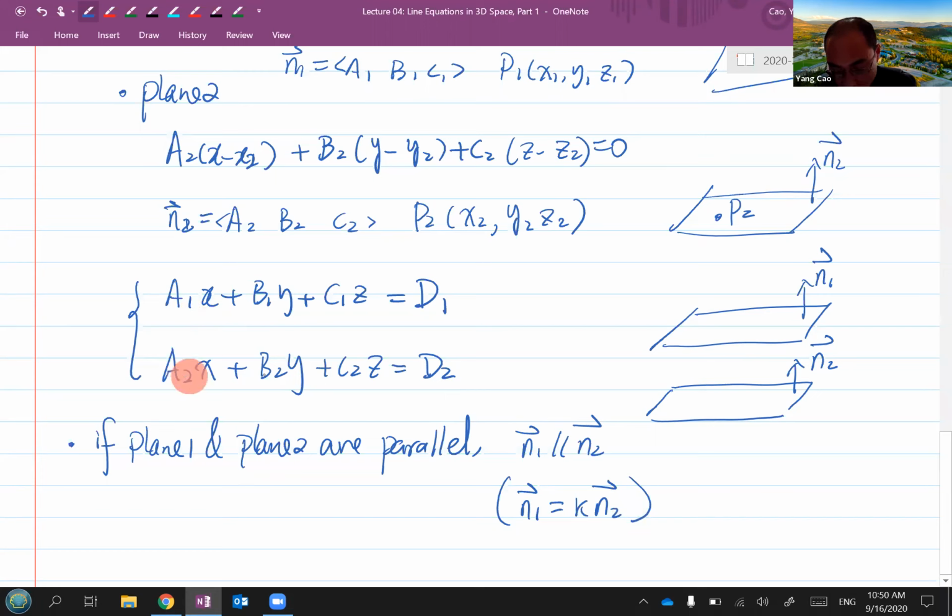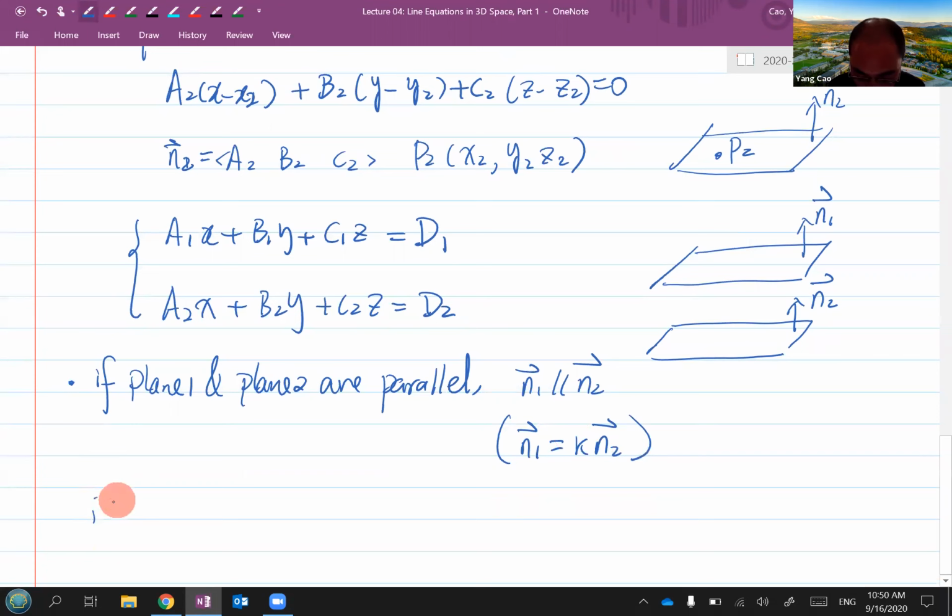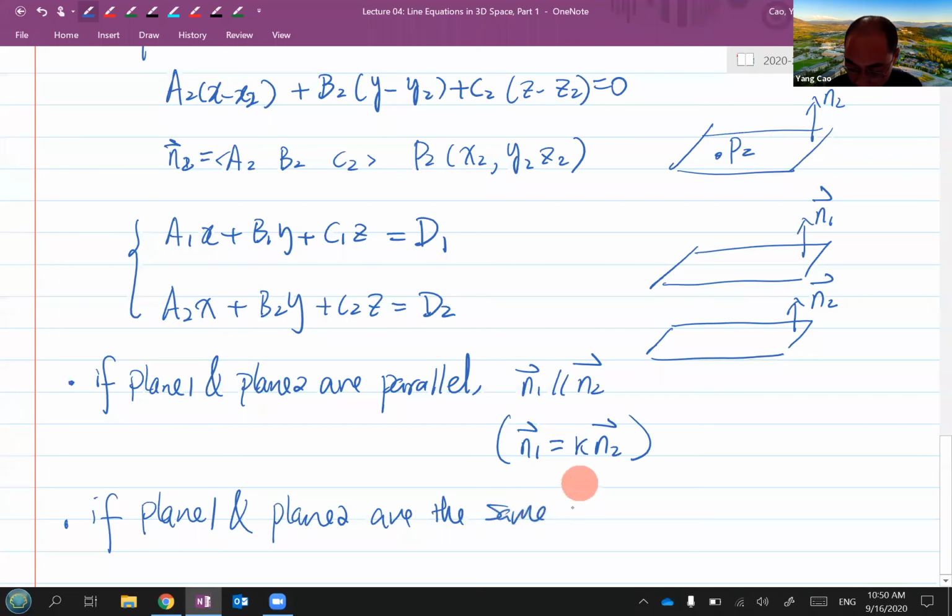If plane 1 and plane 2 are the same plane, first of all, N1 has to be parallel to N2.